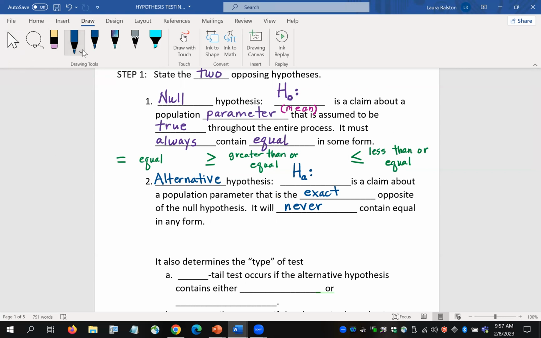Again, for our purposes, the population parameter that we're focusing on is only going to be the mean.